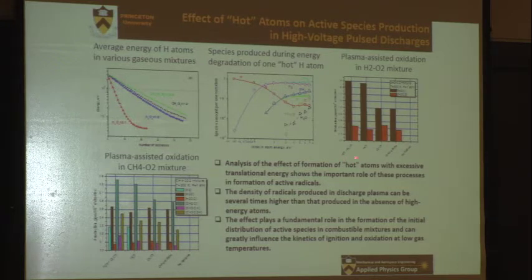This is the hot atom with the O2, this is excited atomic oxygen, probably O(1D), and this is other excitation. You can see that the model prediction shows the hot atoms and O(1D) play an important role in the plasma assisted combustion process.